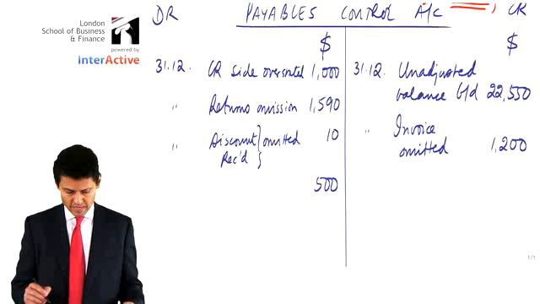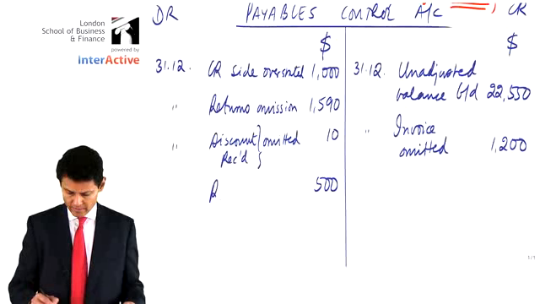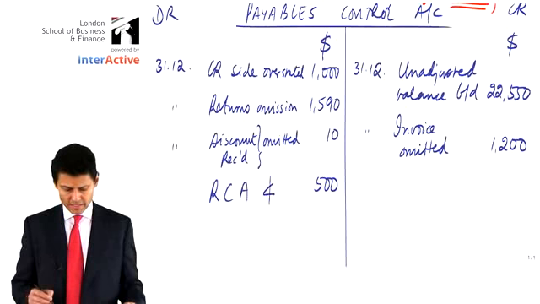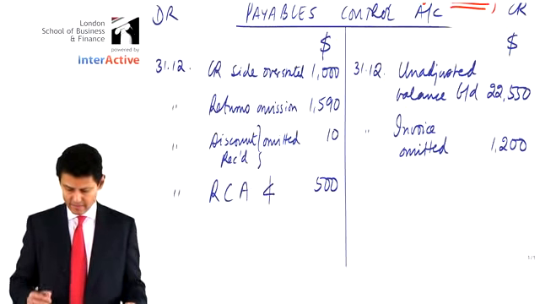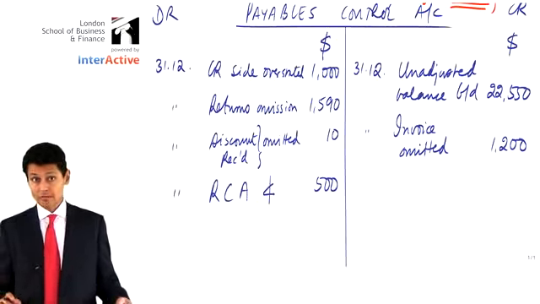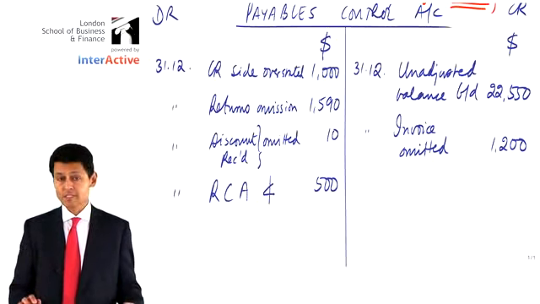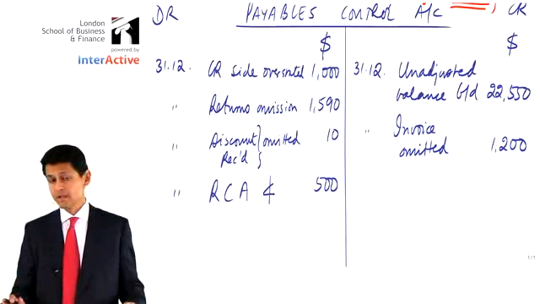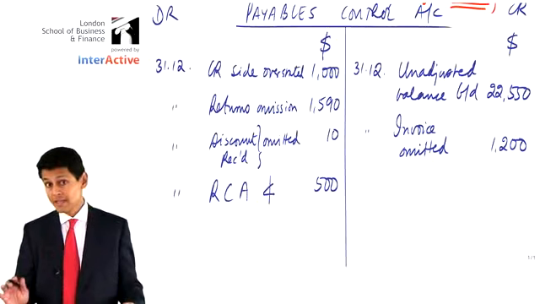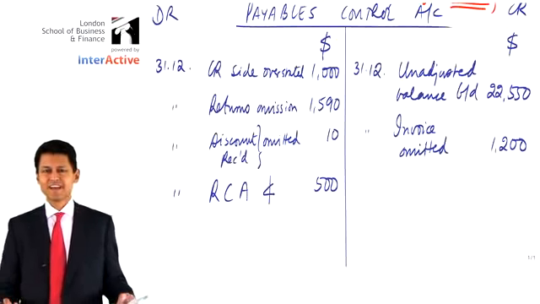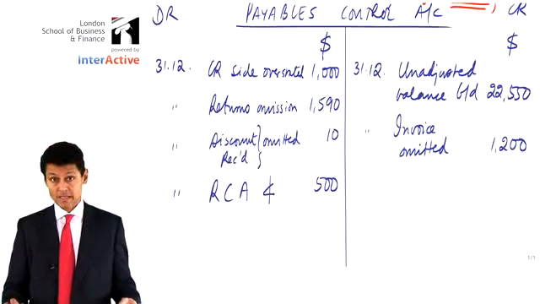So we're going to say the receivables control account is to be contra, a little C sign like that, 500. So if I was doing a receivables control account, that 500, which here is on the debit side, in the receivable control account, of course, it'll turn up as a credit item. And that's how the two sides would reconcile, or the two accounts would reconcile.